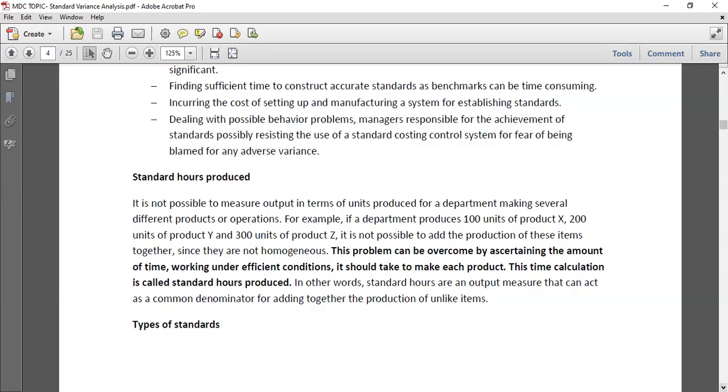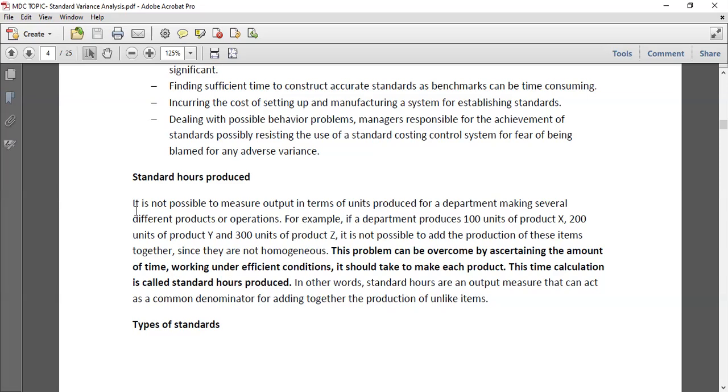Now, one of the things that we need to highlight here, like I said, is that when it comes to setting standards, it is much more common when we are working with a repetitive process.